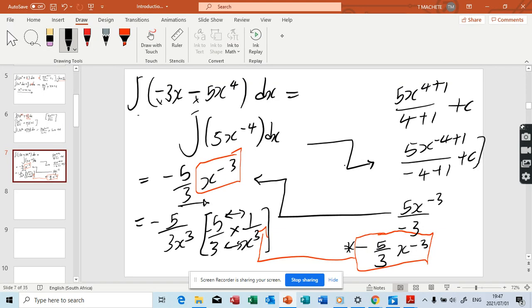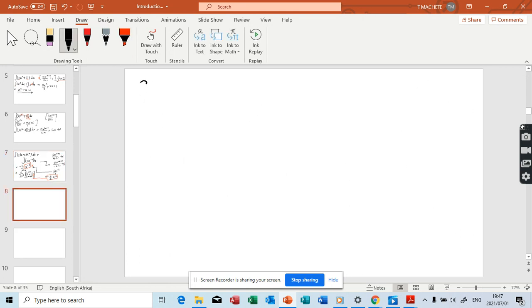I'm saying if they say simplify further, if you've got something like this, how can you write it? How can you remove this exponent? Like I did here, I said it's -1. If they said simplify further, don't write it in exponential form. You have to write it like this. That's how we did it. So we have -5 over 3 x to the power -3.